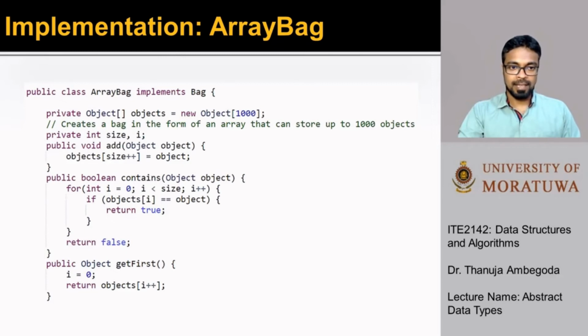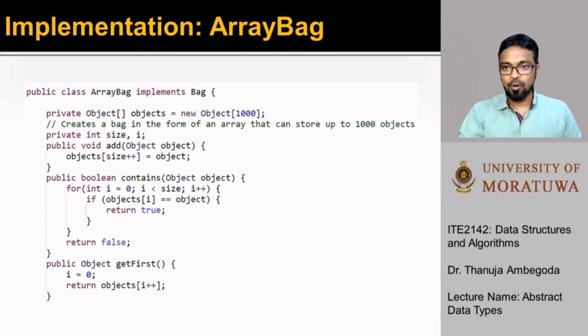Next line, we have private Object[] objects = new Object[1000]. What that line does is initialize an array of size 1000, and we name it objects.